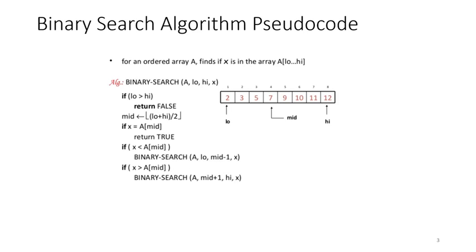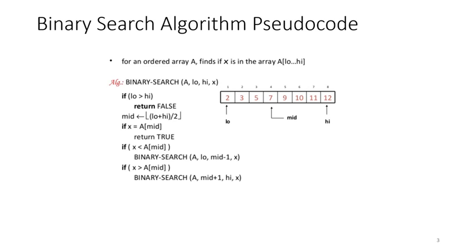Let's try to give an example from binary search algorithm. So you see here the pseudocode for the binary search algorithm. So input is an ordered array, and then the low is the lowest index of the array, high is the highest index of the array, and x is some number that you wish to find.